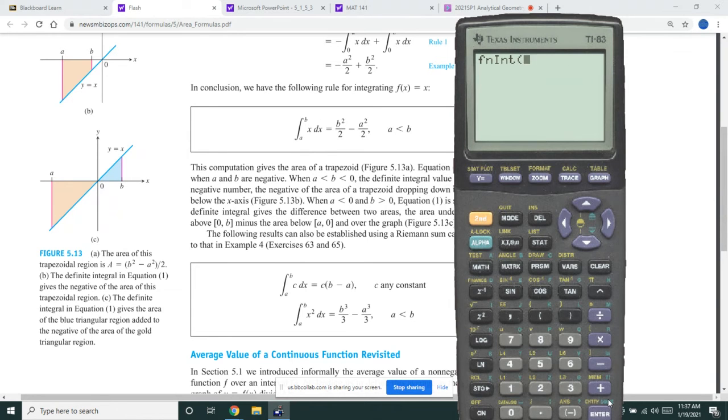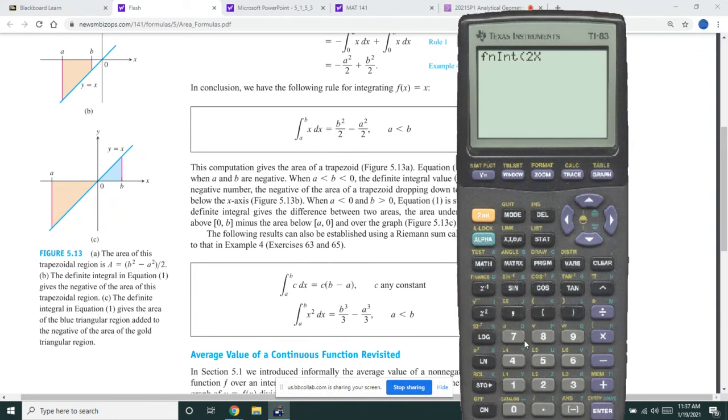Now, when you use your function integration, it requires 4 parameters. You must put in your function. So our function is 2x. I'm going to put in a comma. You have to put in the variable of integration, which is x. You must put in the variable of integration.